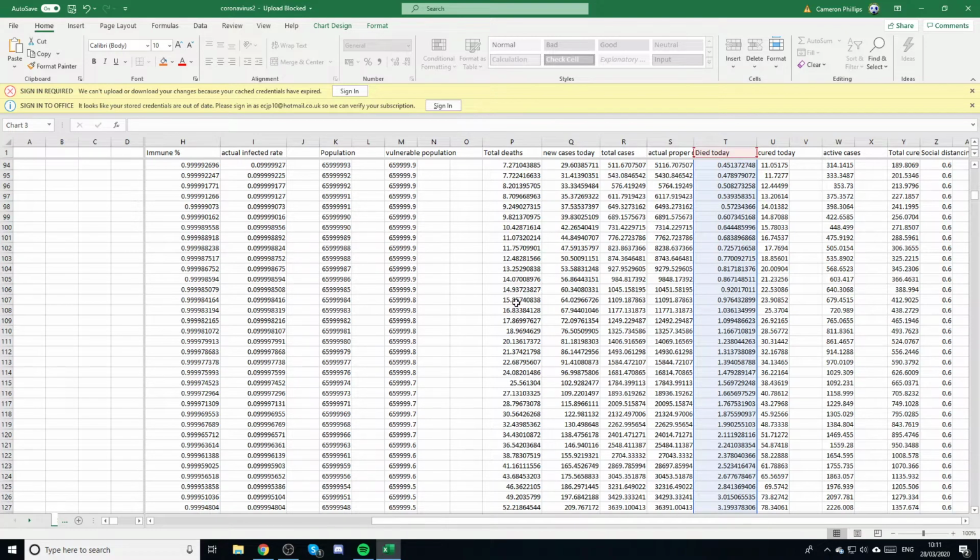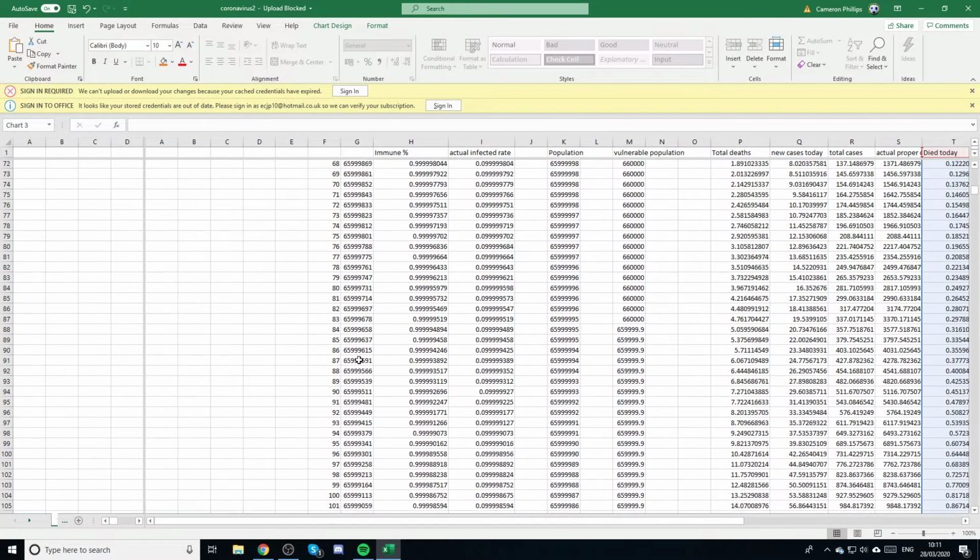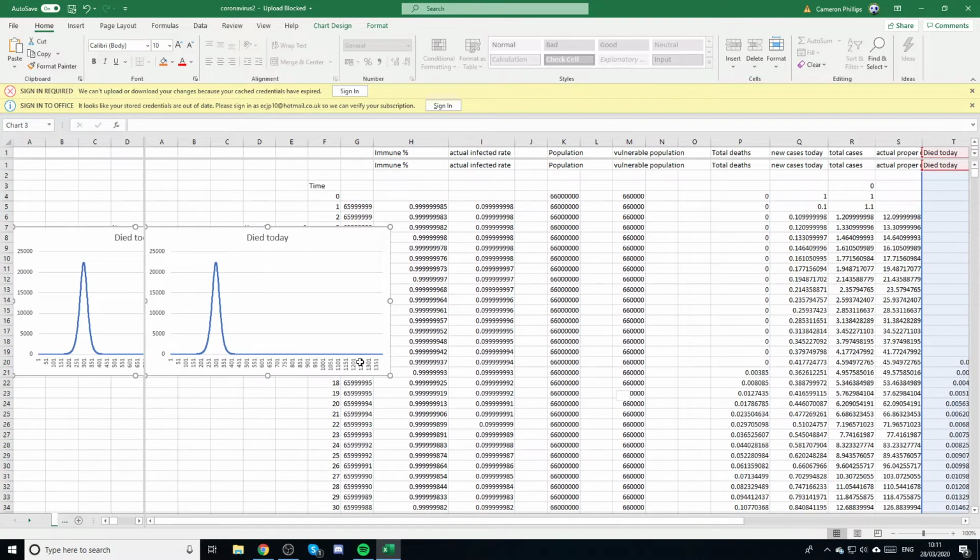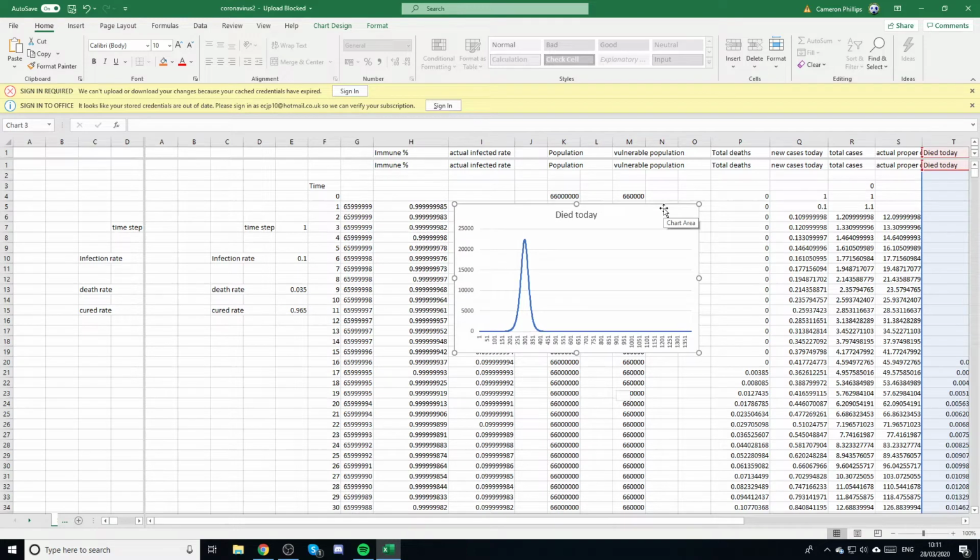Actually 14.9. 1, 2, 3, 4, 5, 6, 7, 8, 9, 10, 11, 12. When we've reached a point where our death rate is doubling every 12 days, then this model predicts that our maximum deaths a day are about 2,000.